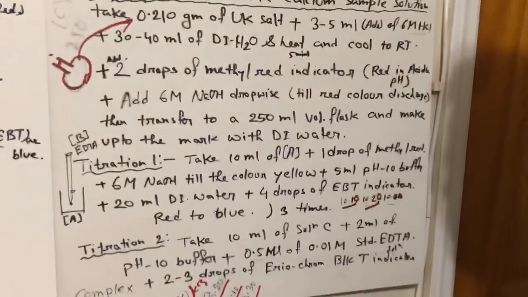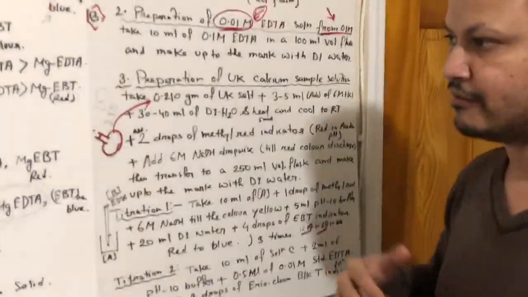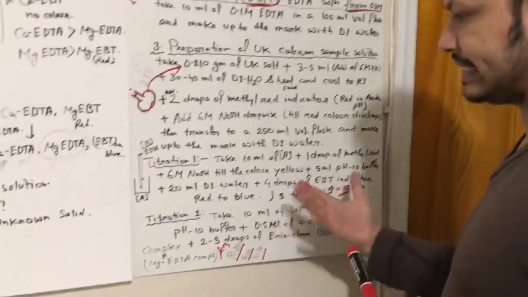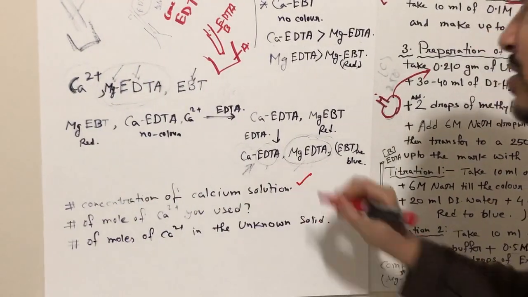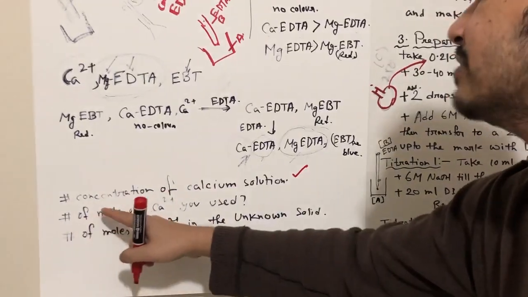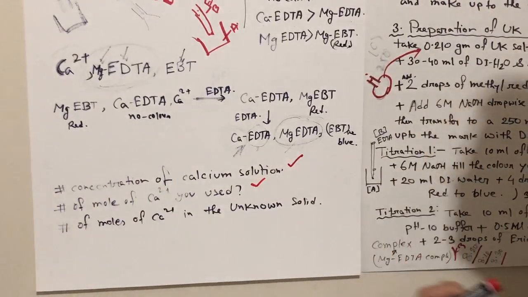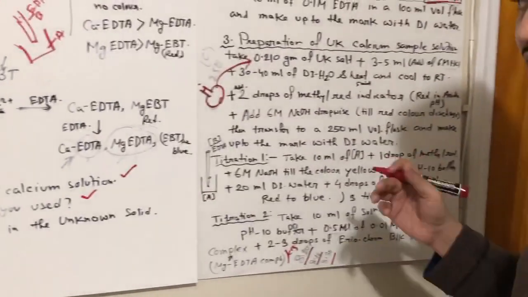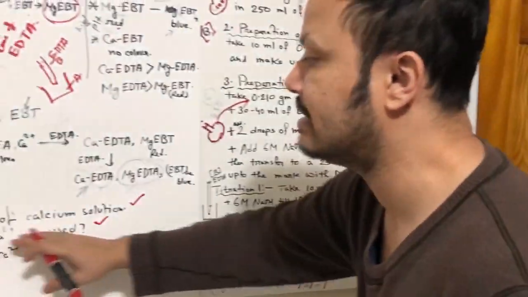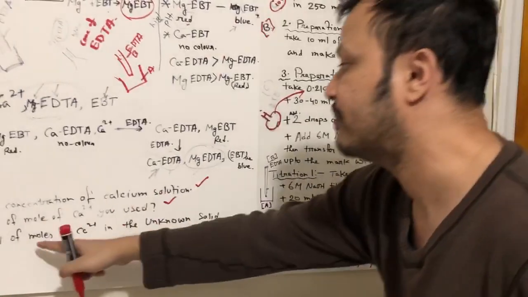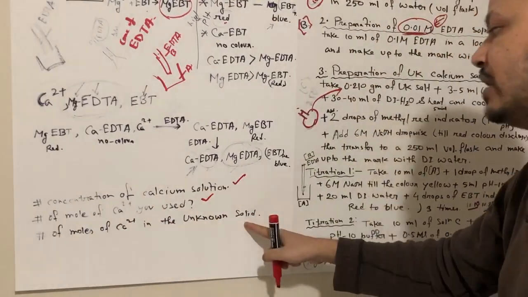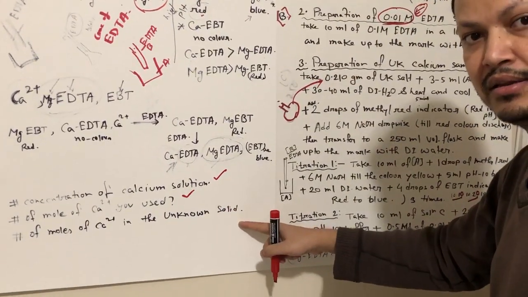From this data, you have to find out the concentration of the calcium solution. You also have to find out the number of moles of the calcium ion you used. But the number of moles of calcium in the unknown solid, how will you get it?